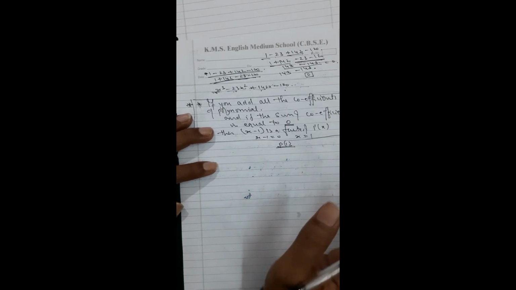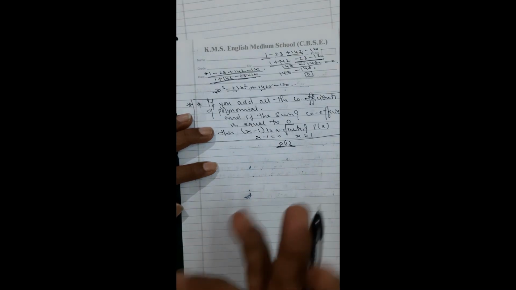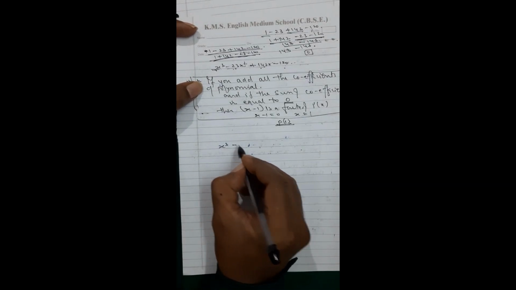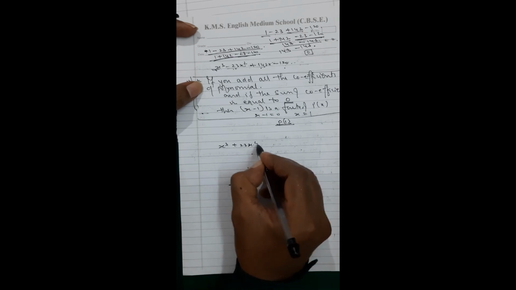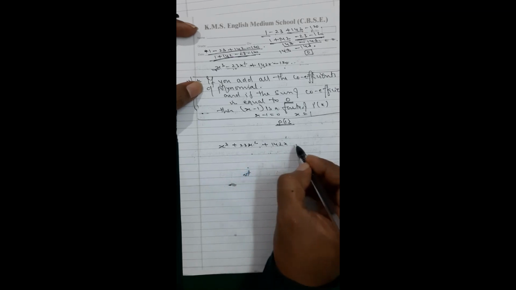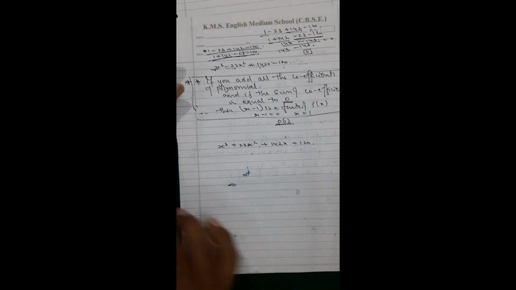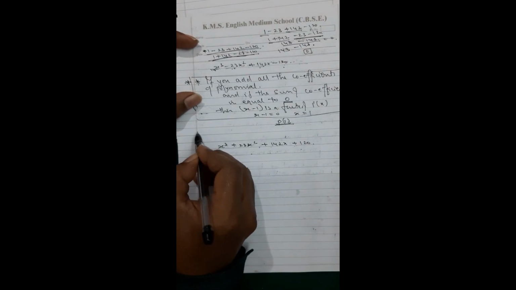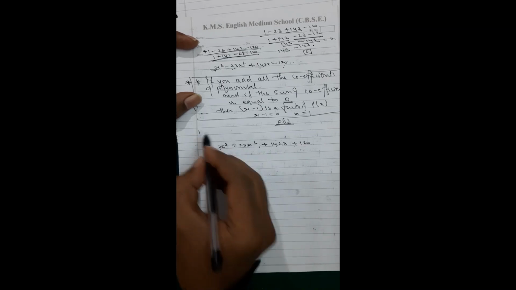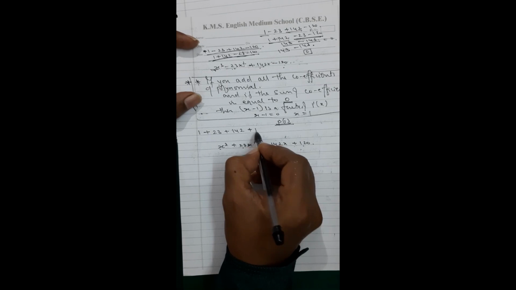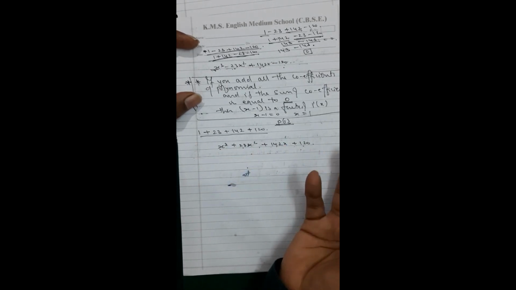I hope you are understanding this. If you are not understanding, when I solve the question, you will understand in a better way. But try to understand this. In certain cases, if I change this question and write it like this: x cube plus 23x square plus 142x plus 120, and I add all the coefficients, 1 plus 23 plus 142 plus 120, this will definitely not be equal to 0 because all are getting added.